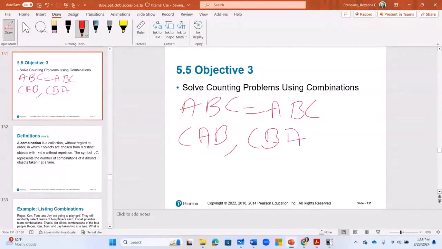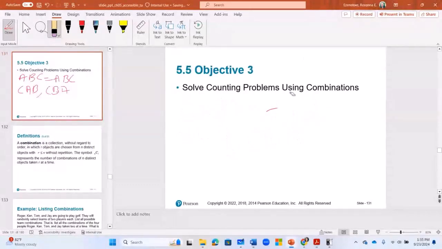I want you to note this because we shall soon get to permutation. In combination, order is not important, so it doesn't really matter how many ways I can write ABC. ABC is ABC. That's why I want to make sure you know what order is not important is.